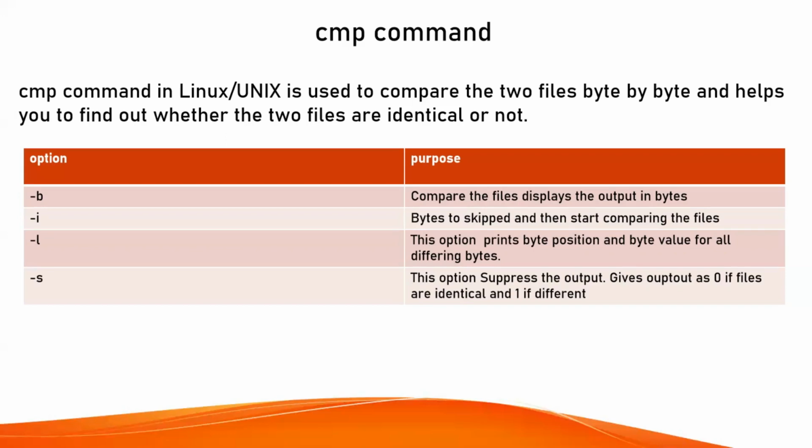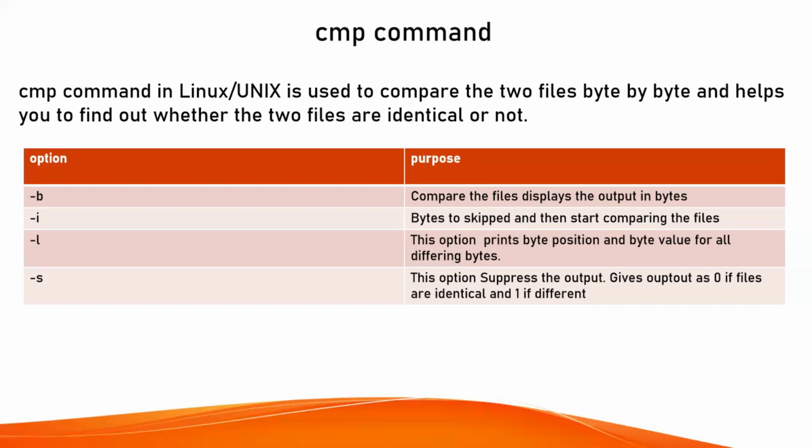So, here are certain options available with the CMP command. -b compares the files and displays the output in bytes. -i bytes to skip and then start comparing the file. So you might be in a scenario where you want to skip the first 10 bytes and then start comparing the file after that.